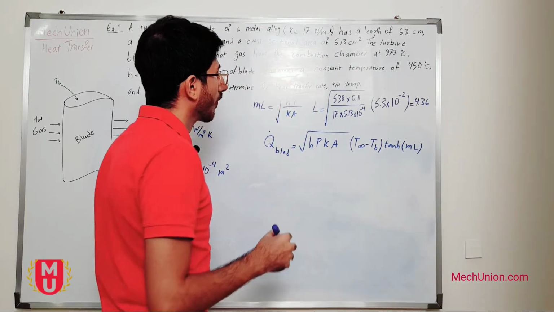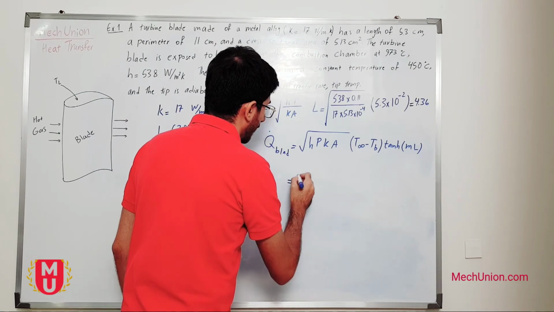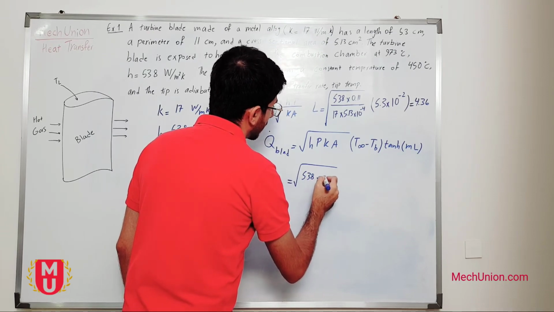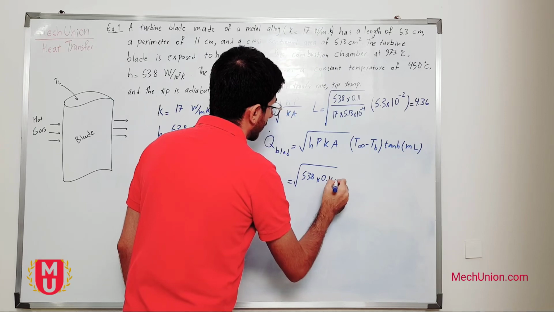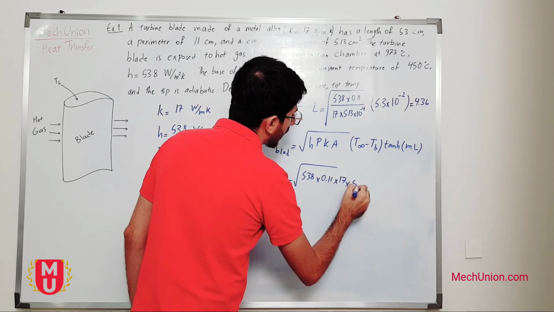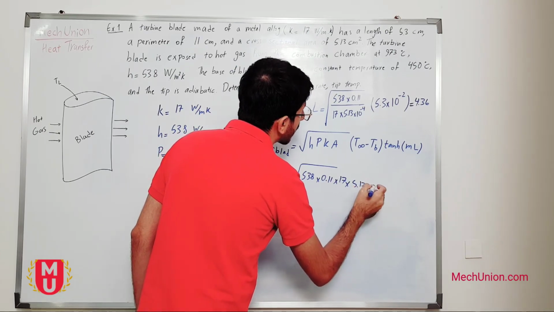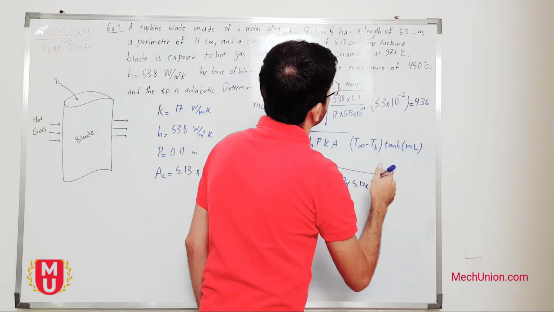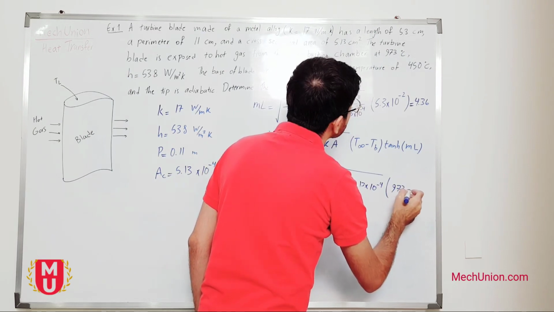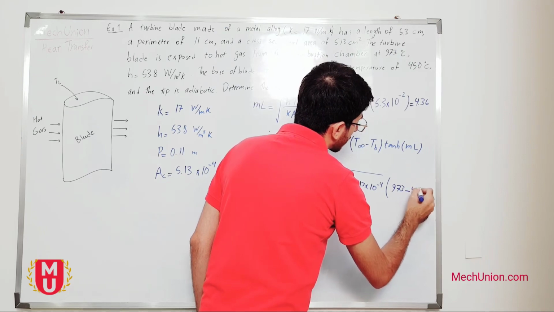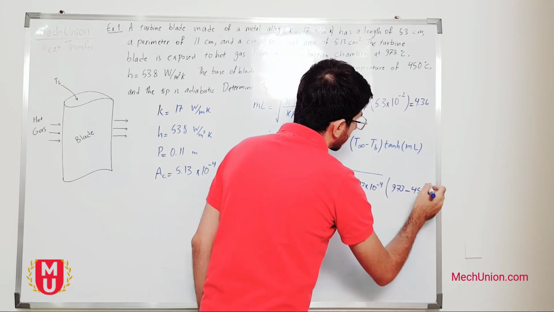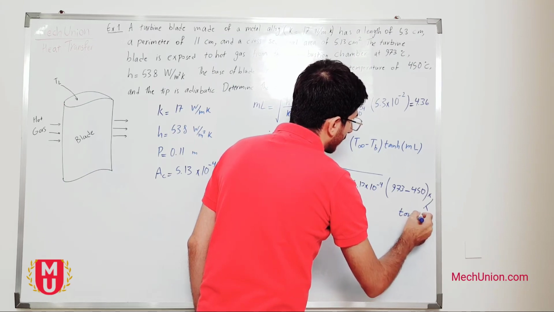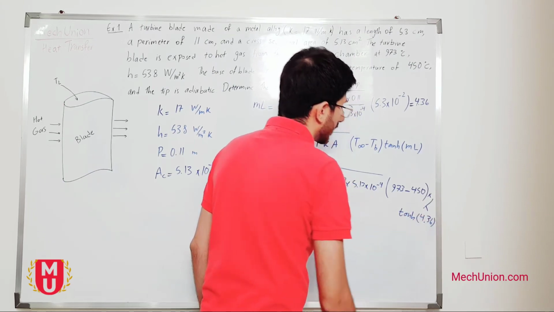Okay, we substitute our values. h was 538 times P 0.11 times K 17 times 5.13 times 10 to minus 4 times T of infinity, which is 973, hot gases, minus 450 times hyperbolic tangent of 4.36.